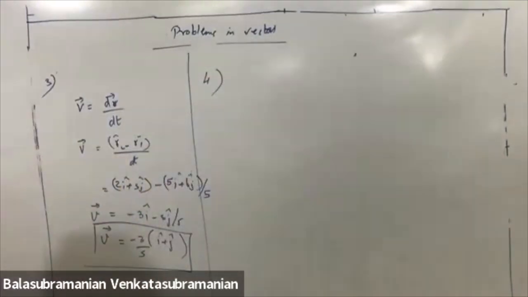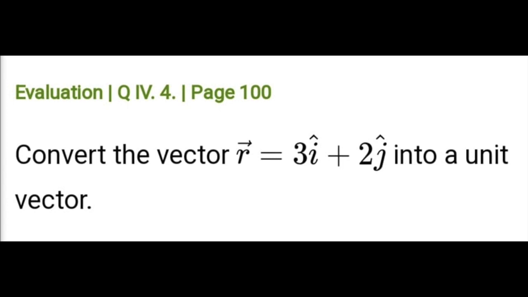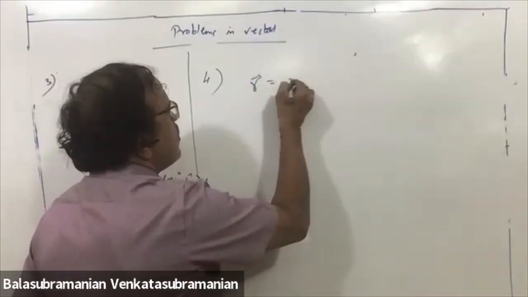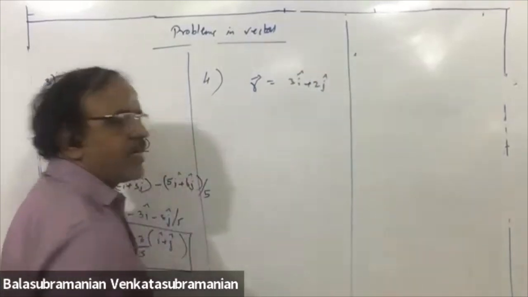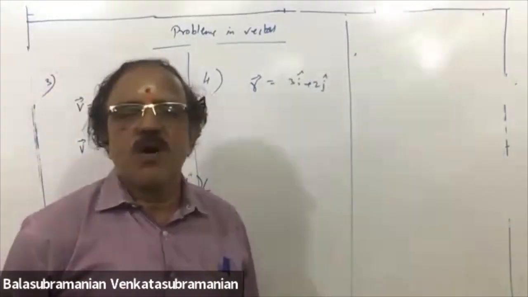Fourth problem. Convert the vector R is equal to 3i plus 2j into a unit vector. We have to convert into unit vector, R cap.